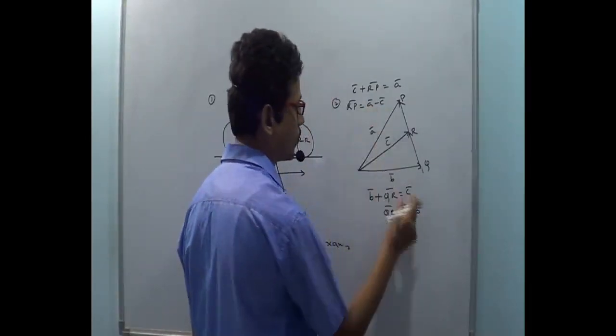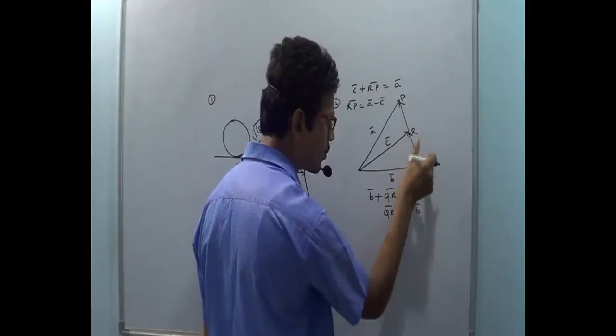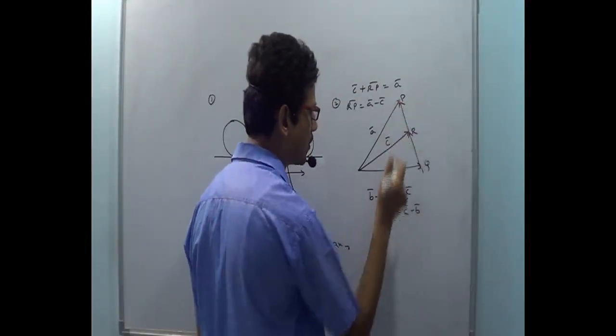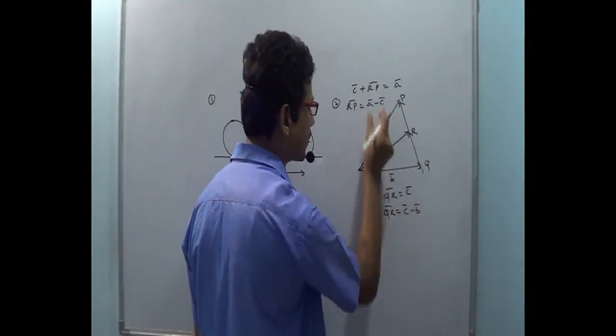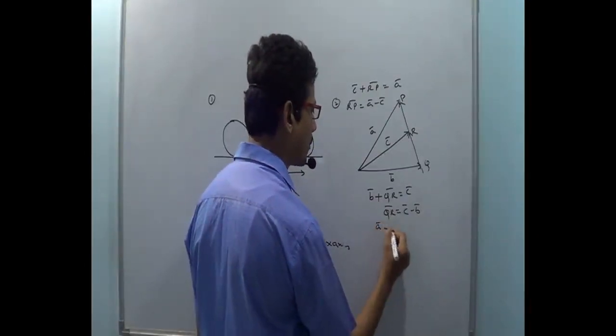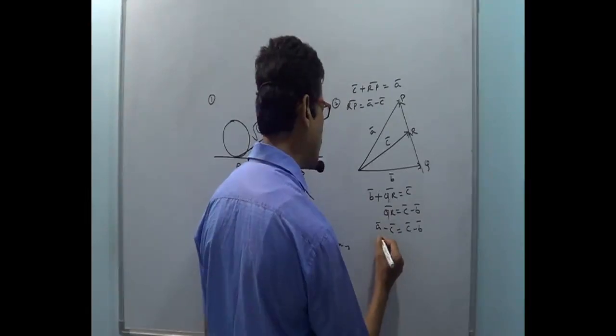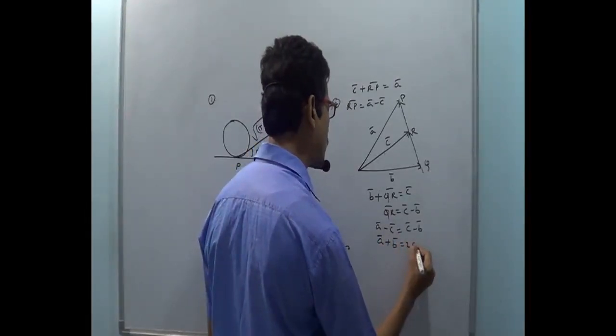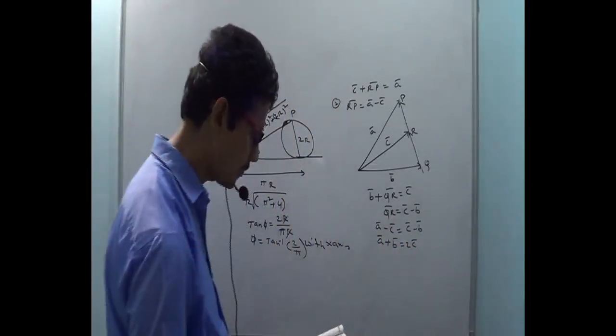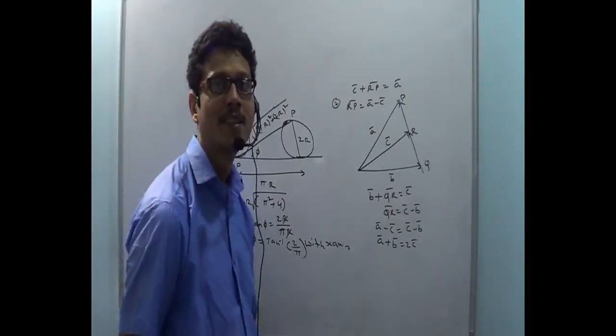I can equate these two. This is the midpoint, na? So these two are equal vectors. So I can equate this and this. a bar minus c bar is equal to c bar minus b bar. So a bar plus b bar is 2c bar. That is the relation. First option.